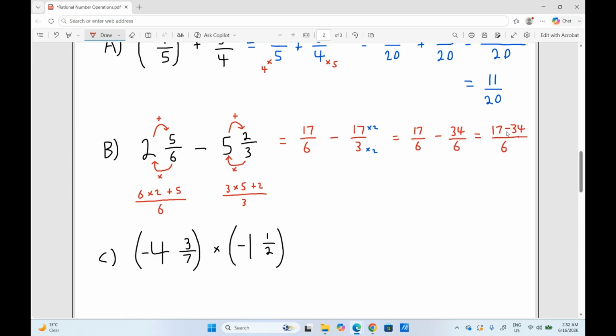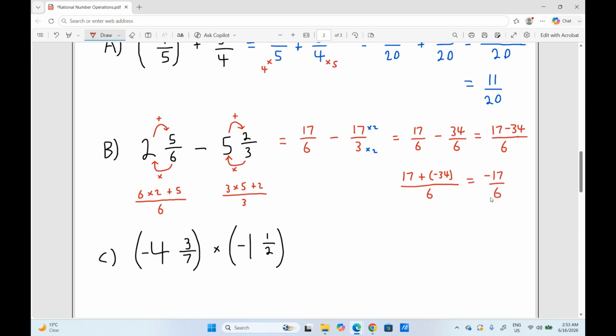Now, if you recall, I'm subtracting a bigger number from a smaller number, so I have to apply keep, change, flip. In this case, I would keep the first number the same, change the minus sign to a plus, and change positive 34 to its opposite. So that's negative 34. That's still over 6. When I compute this on the top, I should be left with negative 17 over 6.